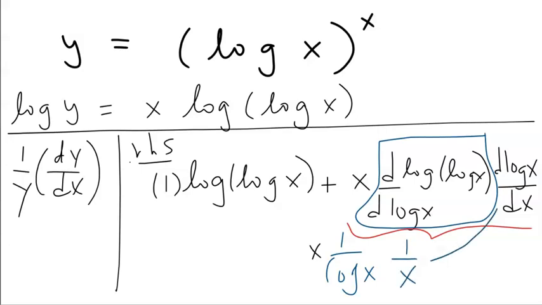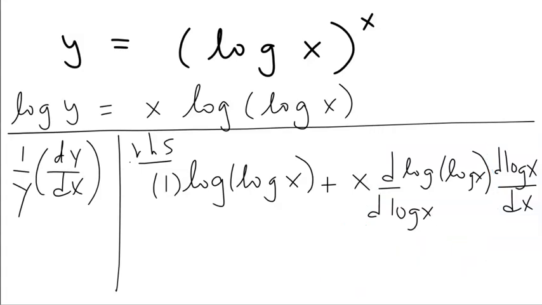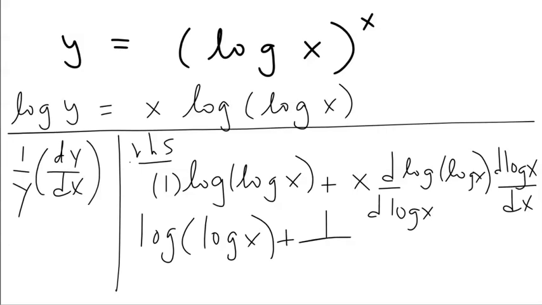So this x will cancel this x, and that's going to give you 1 over log x. So the derivative of the right hand side will simply become log of log x plus 1 over log x. Now we can equate the two sides and get the final answer.